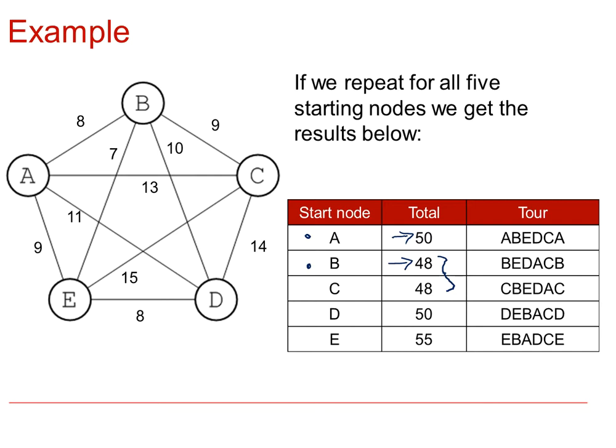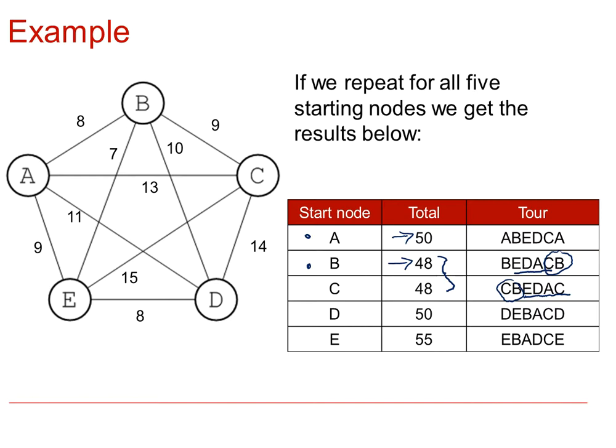We can see that a segment of that, the EDAC, is the same in both of those tours. And indeed you've also then got C followed by B, both here and here. So it's not a surprise that the tours are of the same length.